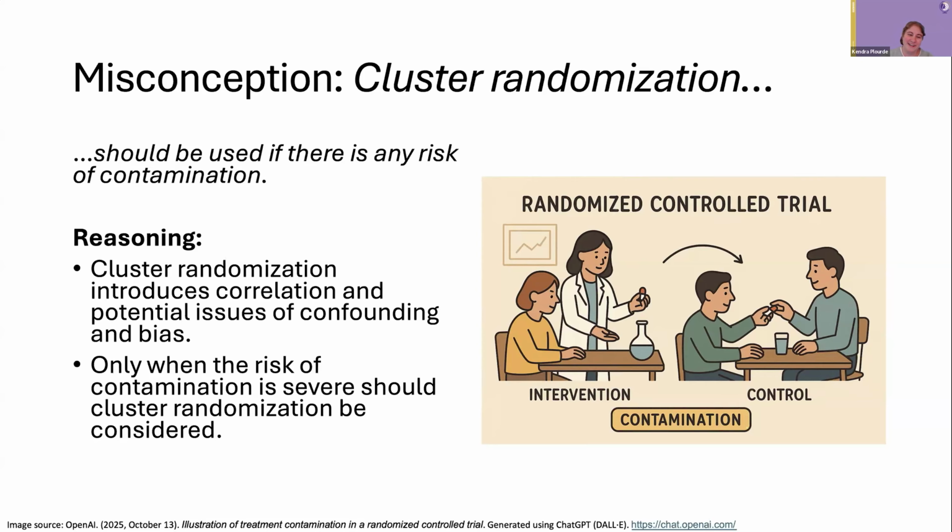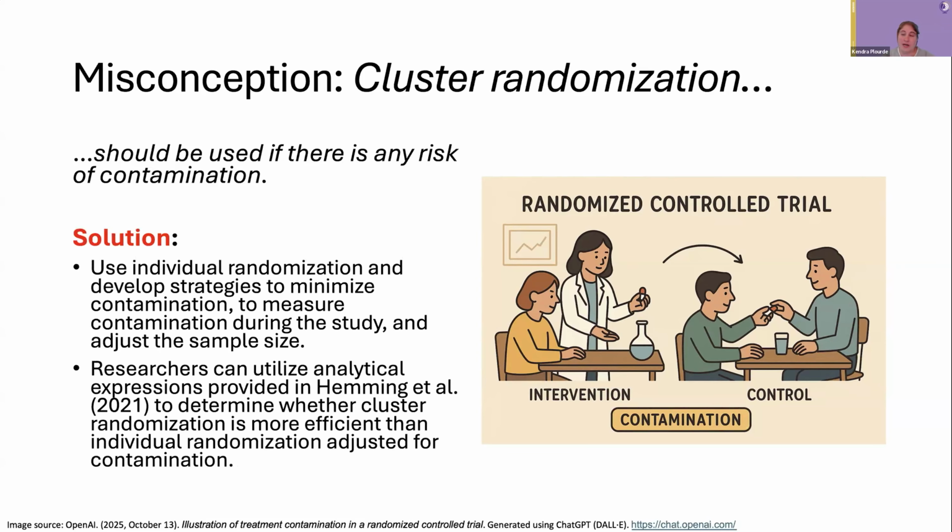So you are eliminating one risk of bias for a whole host of other sources of bias and confounding. And so only when the risk of contamination is severe should cluster randomization be considered. And we provide some solutions to help you figure that out.